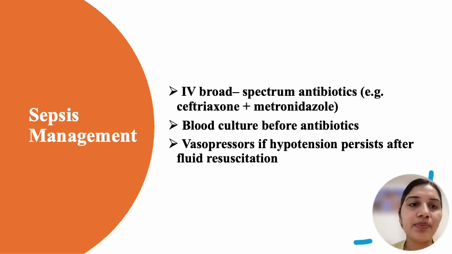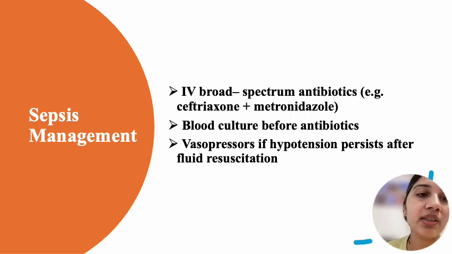Sepsis management. For sepsis management, we should do a blood culture before giving the antibiotic. We will collect her blood and send it to the lab, and after getting the result we will decide which antibiotic to administer.